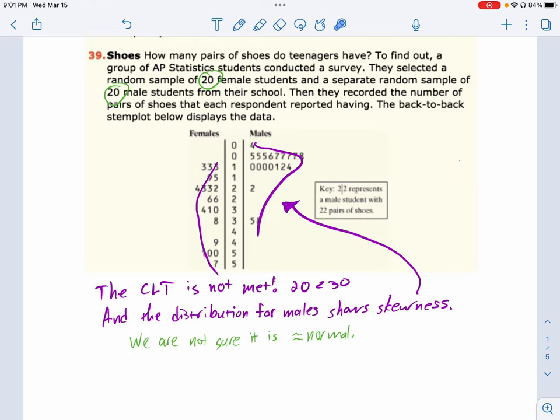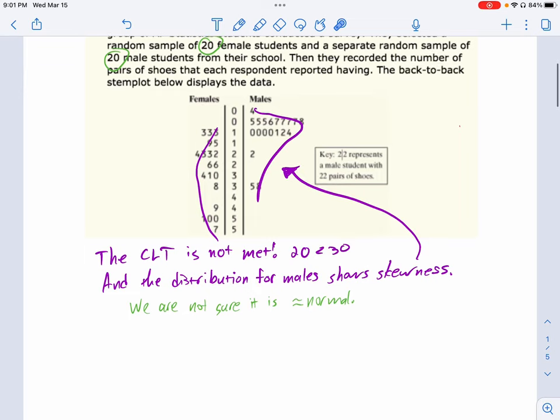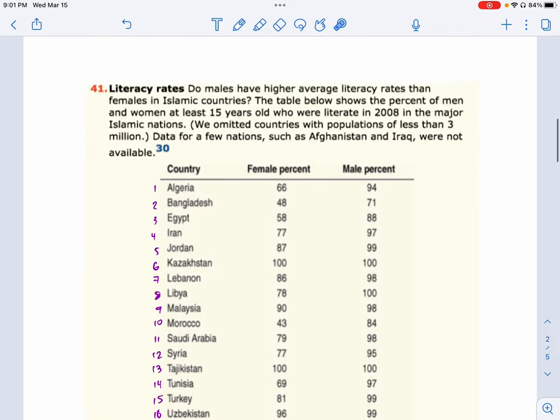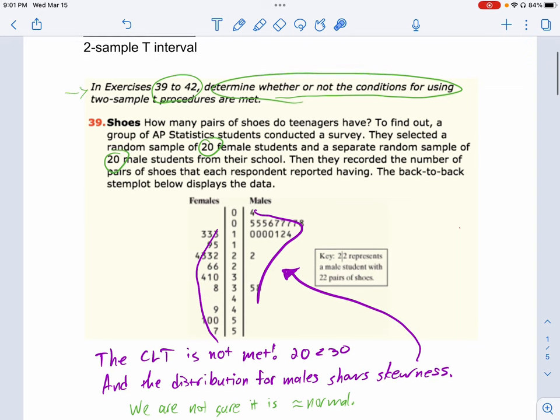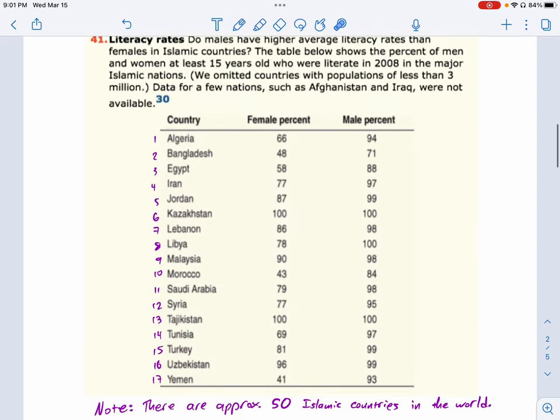It would be independent because 20 is less than 10% of all female and male students, but it's not normal. Next one, these directions still apply for number 41. It has Islamic countries from around the world.